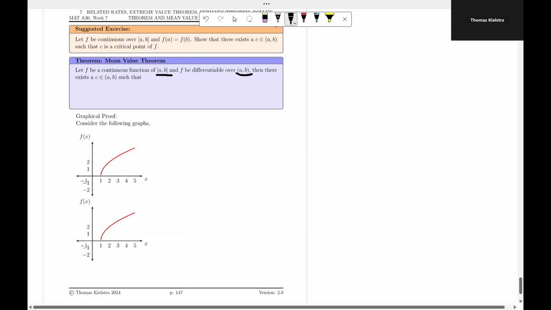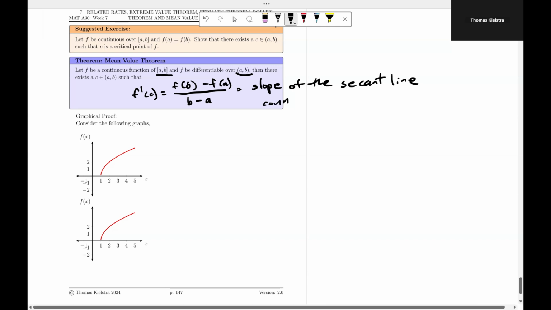Then there exists a point C in AB such that f prime of C equals f of B minus f of A over B minus A, which is the same thing as the slope of the secant line connecting A, f of A with B, f of B.